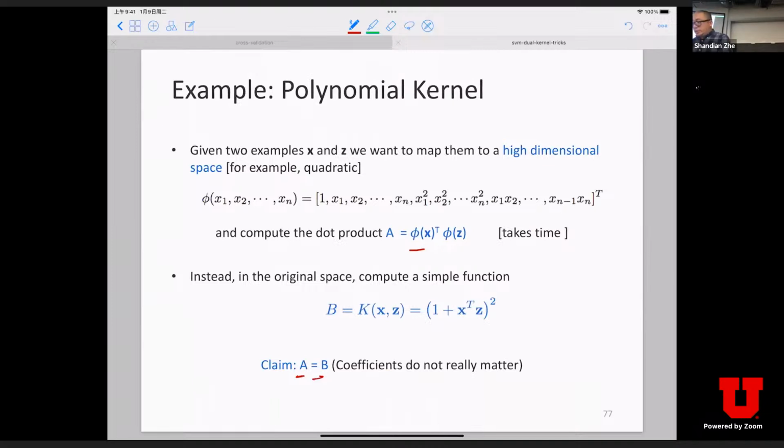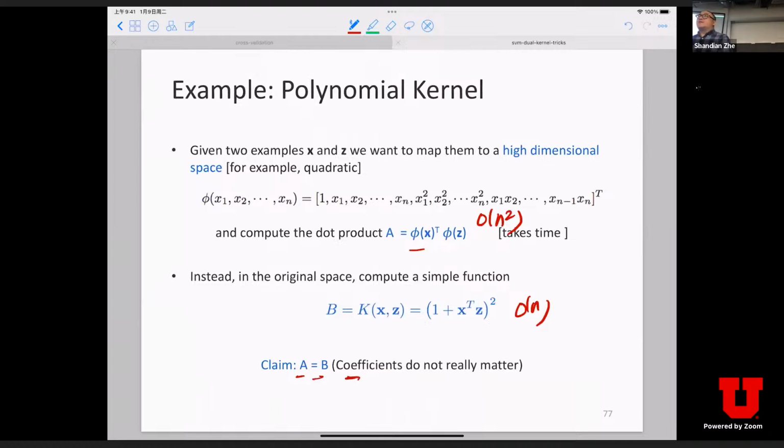So we know that this complexity is O(n squared). But if we just compute B, the complexity is just O(n). And we claim that the result of A is equivalent to the result of B, up to a little bit of difference in terms of coefficients.